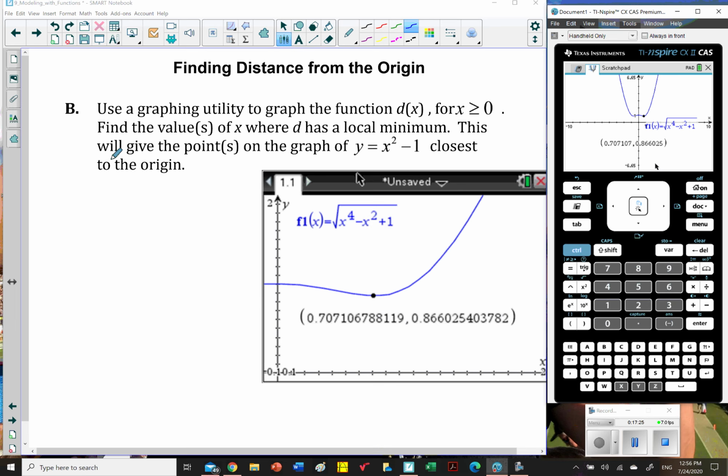Now, from trigonometry, I recognize that 0.707 is the square root of 2 over 2. So what did I do first? We want to make a note. We're going to use the minimum feature on your calculator, depending what brand calculator you have. I use the analyze minimum on this particular calculator.